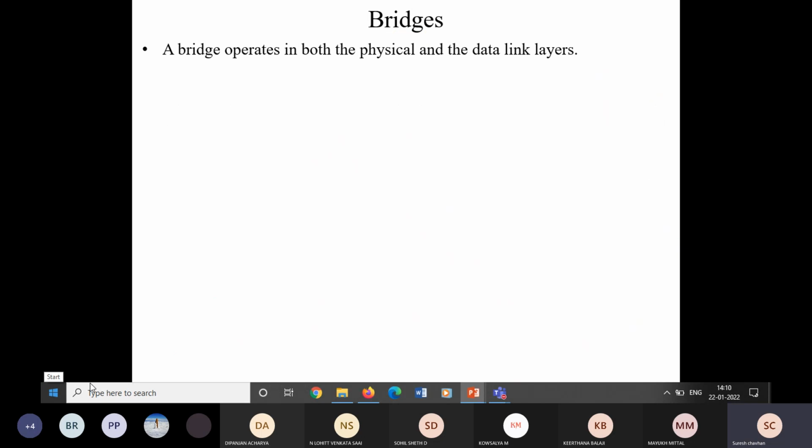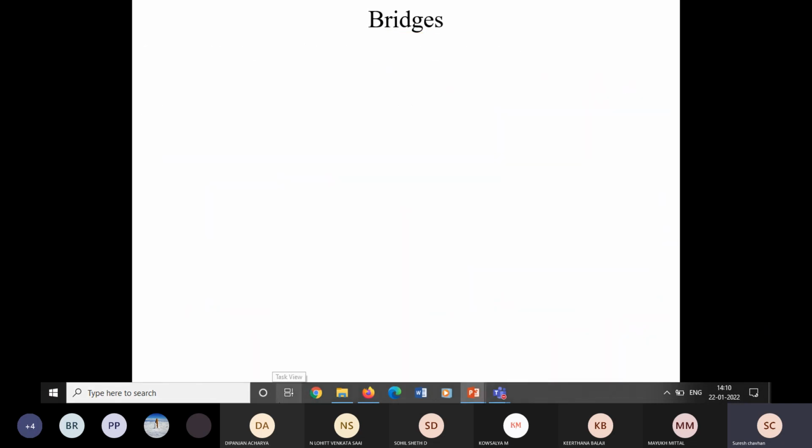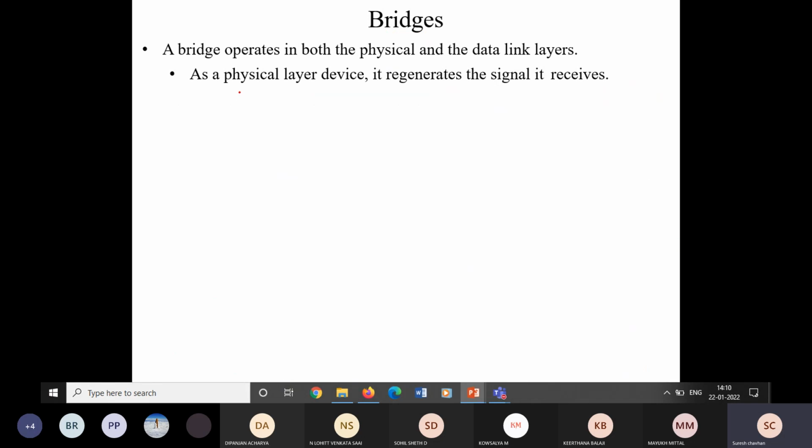As I said, the bridges operate in both the physical and the data link layer. So what does the bridge have to do in the physical layer, and what does it have to do in the data link layer, right? As I mentioned here, the regeneration of the original signal is the function it carries out at the physical layer.